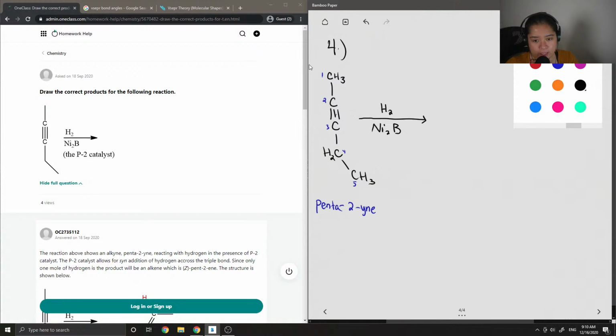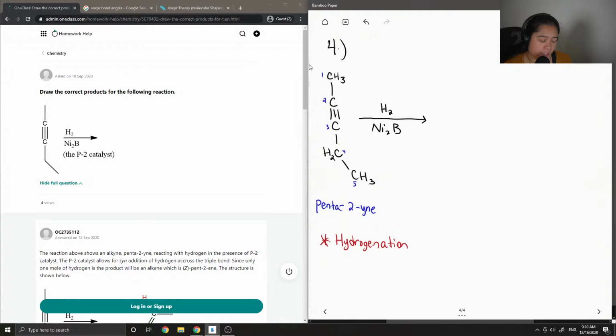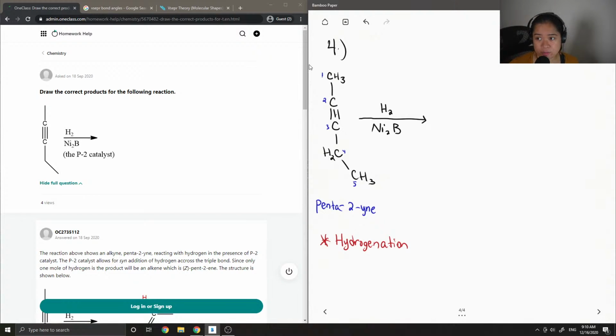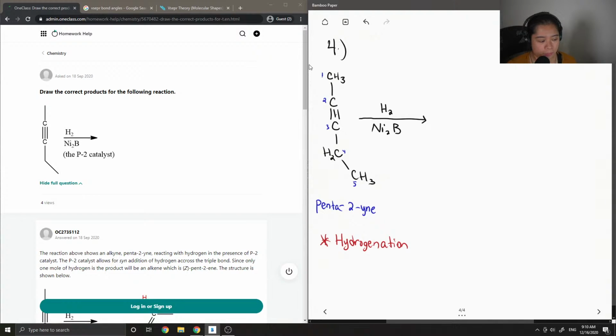So when we have H2 reacting with a metal catalyst, what typically happens is something called hydrogenation. So as you can guess from the name, it has something to do with the two hydrogens, which is understandable.